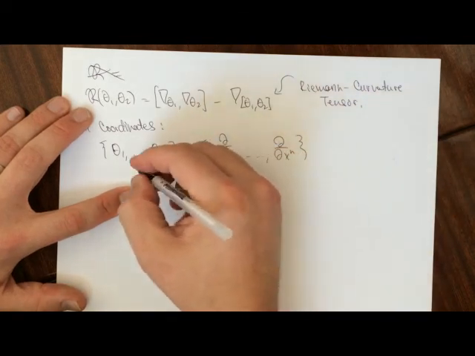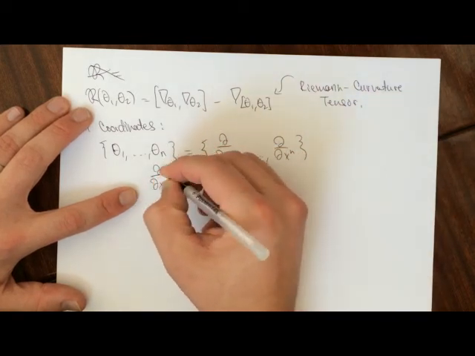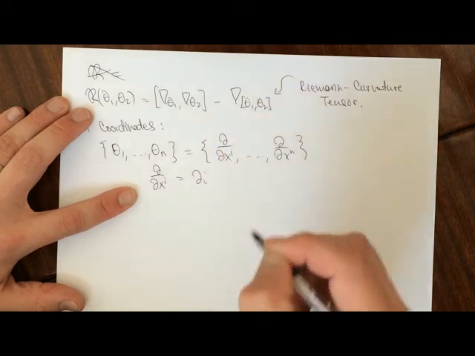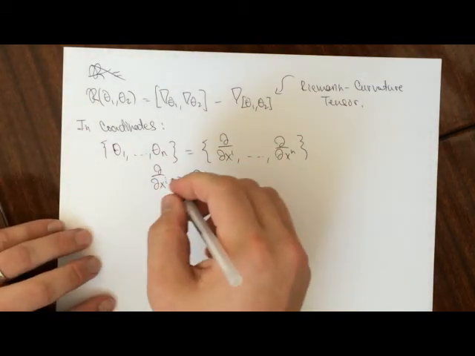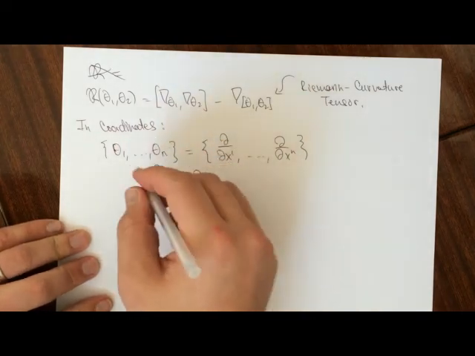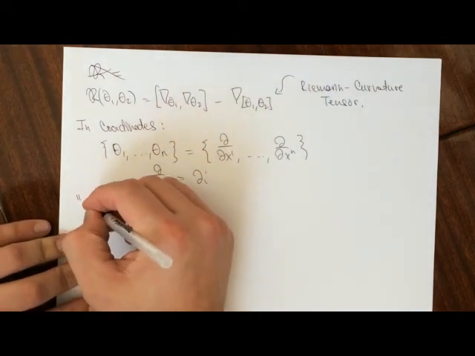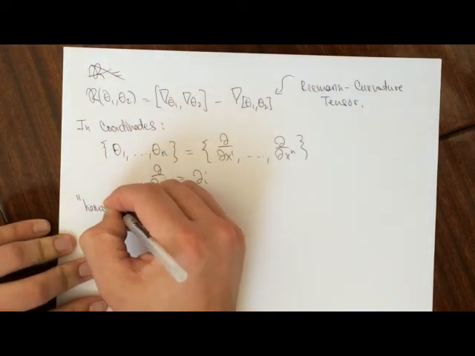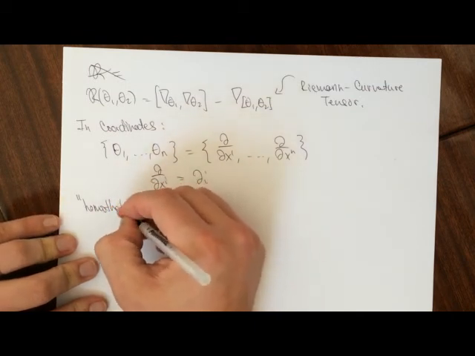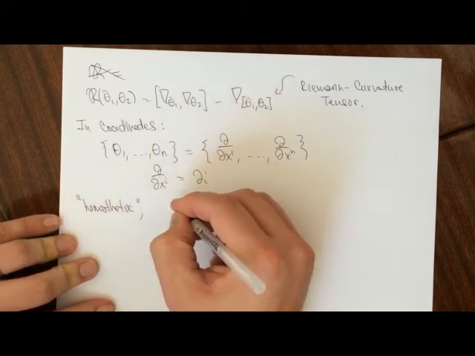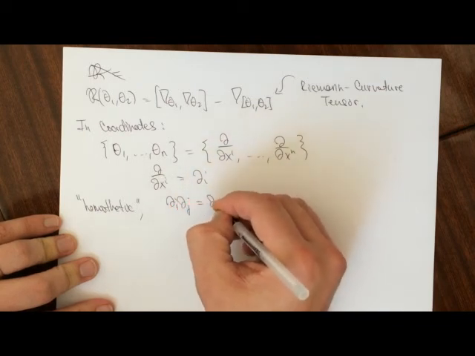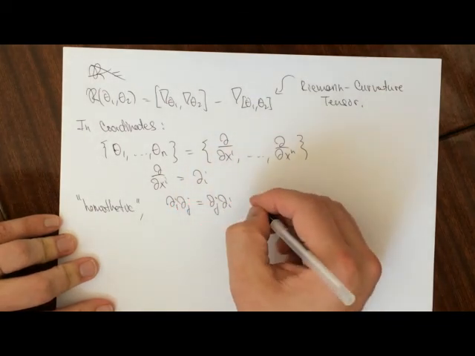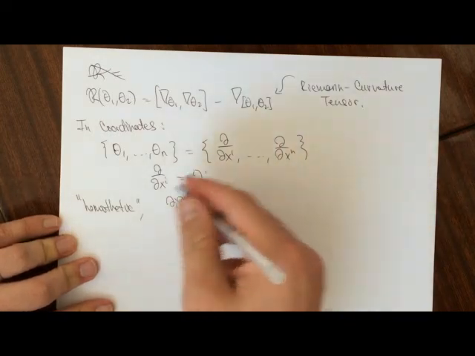Okay, and we'll use the notation that these guys will be denoted like so. And these derivations in this case are so-called homothetic. And this is just a complicated way of saying that partial derivatives commute. d_i d_j is equal to d_j d_i.